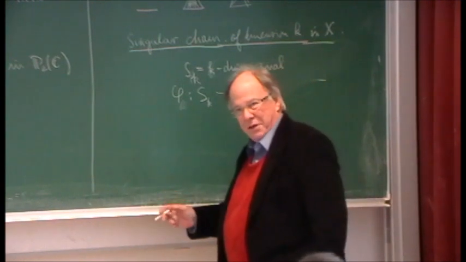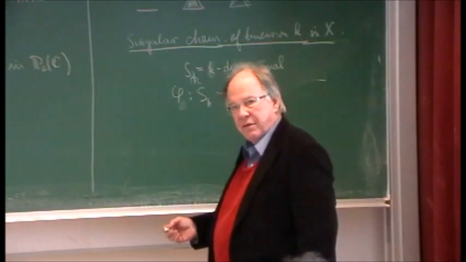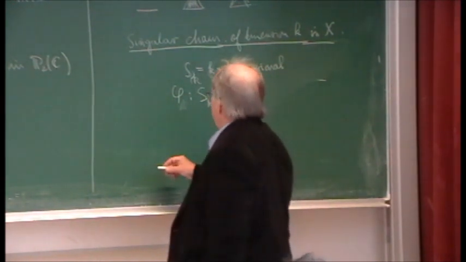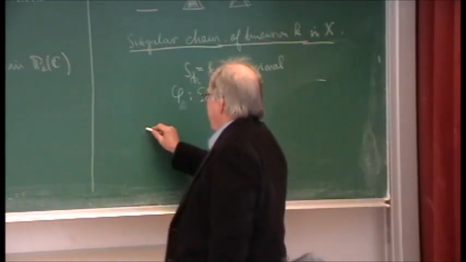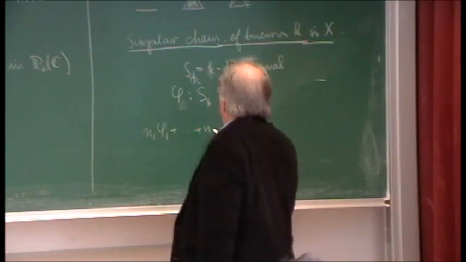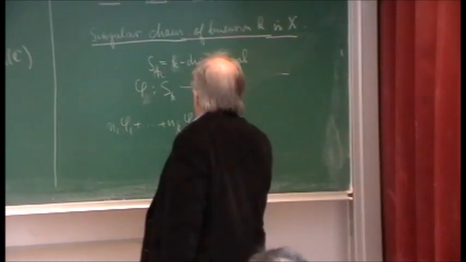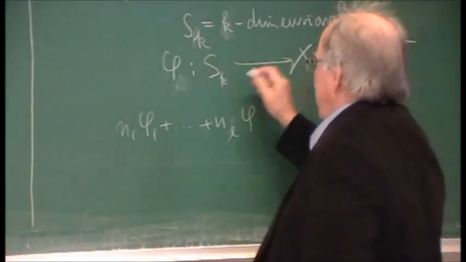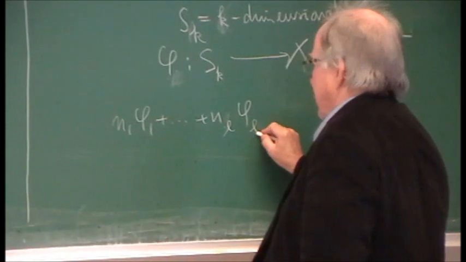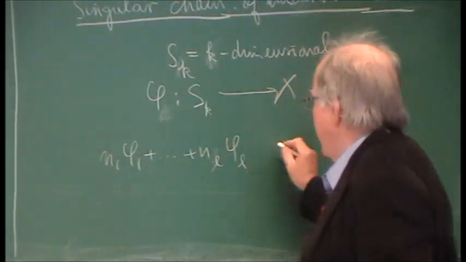And not only all of these things, I'm going to consider formal linear combinations of these things. So a singular chain is a formal linear combination of such maps, each of dimension k. So this is a singular k-chain.